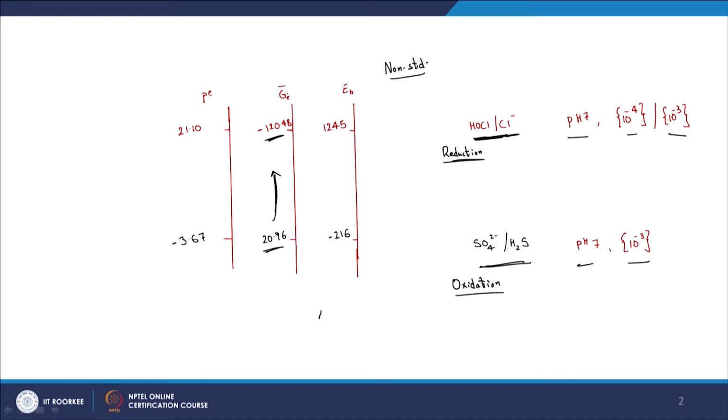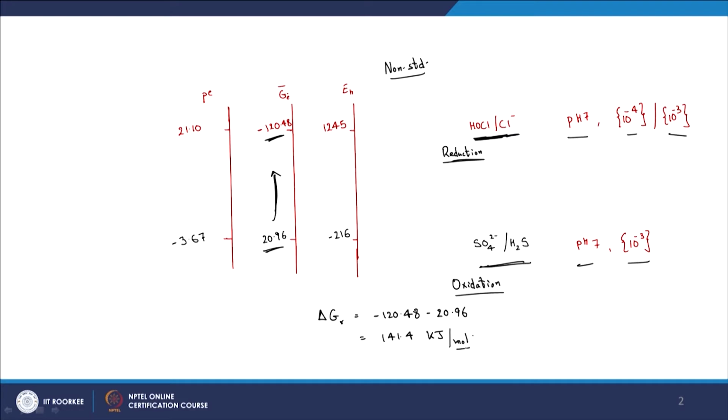So delta G of that particular reaction is going to be equal to minus 120.48, which is the final state, minus 20.96, and that is approximately equal to minus 141.4, and the units as written here were kilojoules per mole.